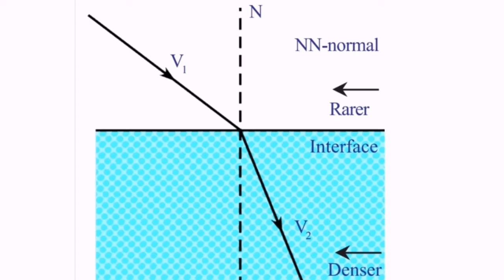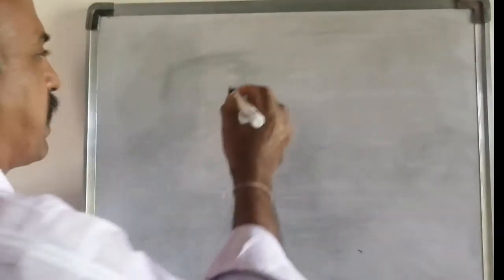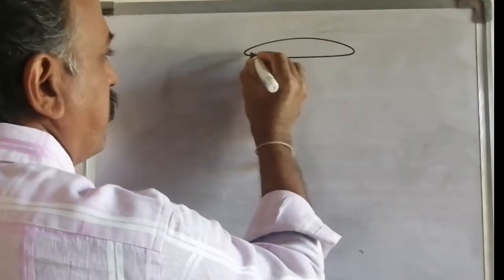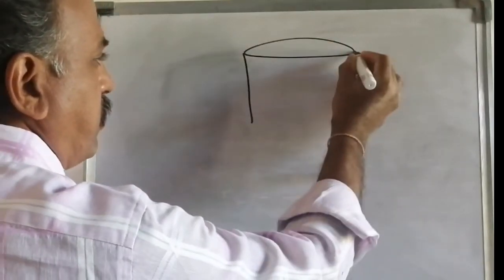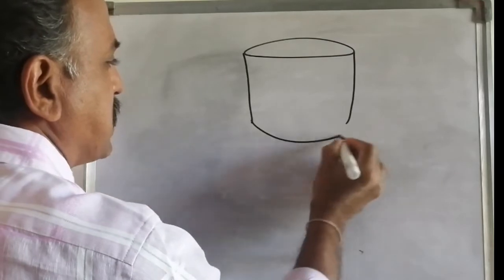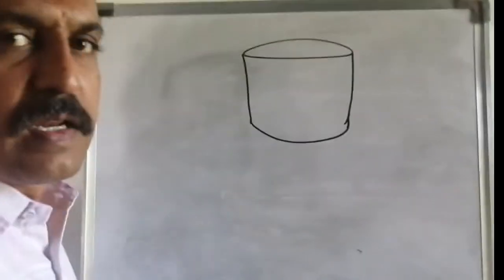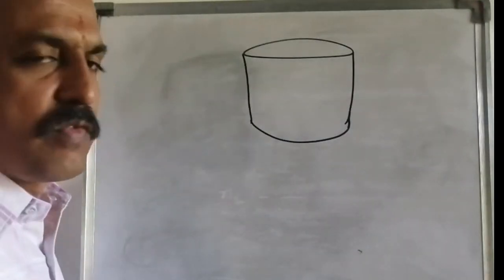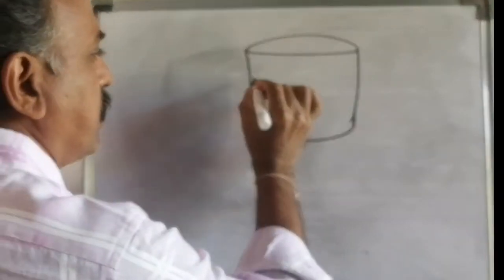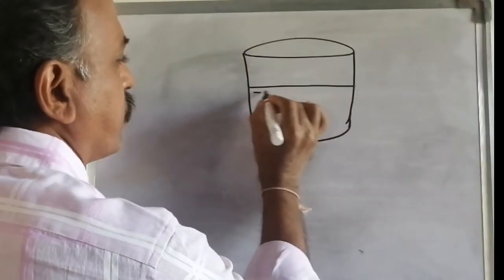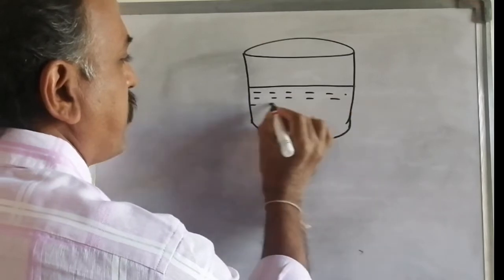Let us know how light travels from rarer to denser medium. Take a glass jar. This is a transparent glass jar, and it is visible very clearly from outside. Fill it with water now. This is water.